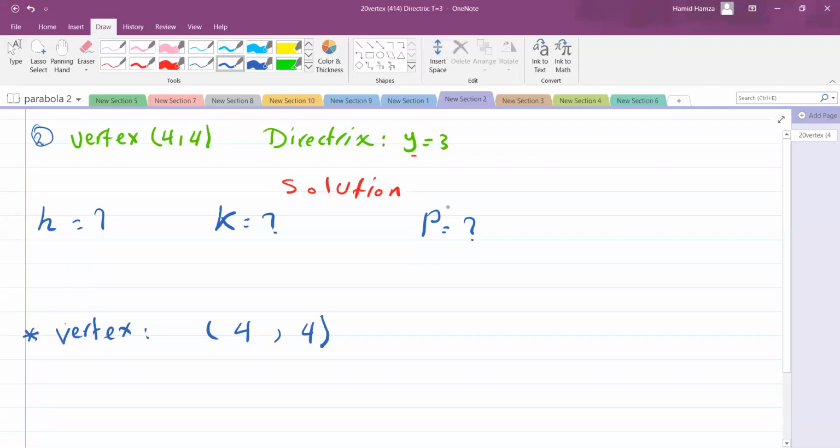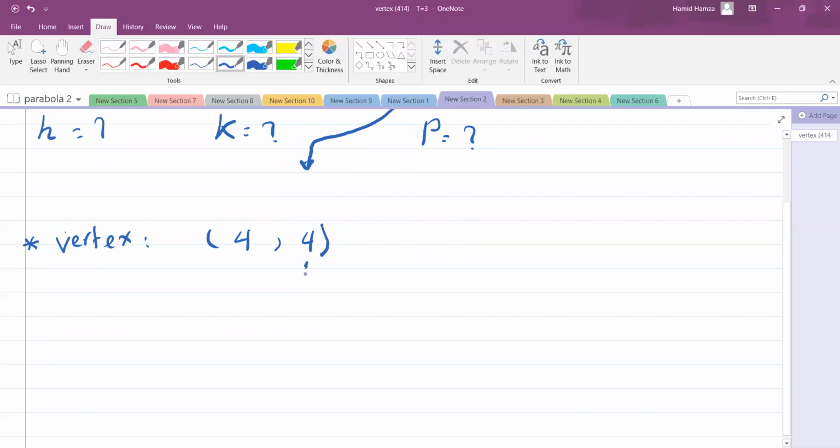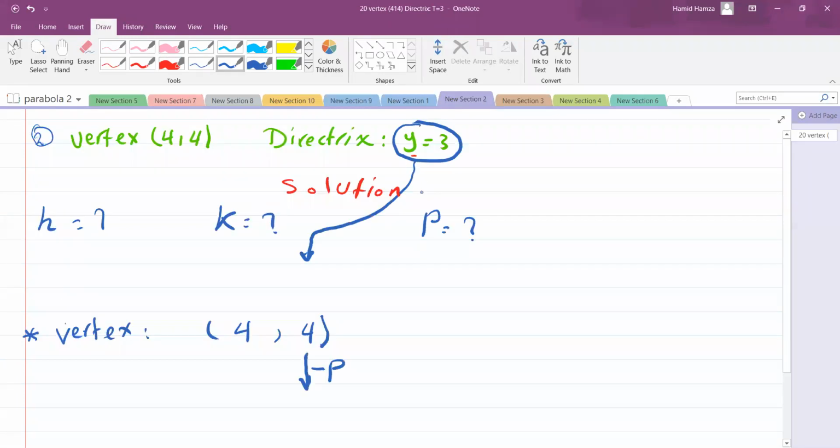Okay, so the directrix here has the letter y, so it guides you to the y part in the vertex, not the x part. So we will work with the y part. I get the directrix by subtracting b from this part. So what is the directrix here? It is 3.